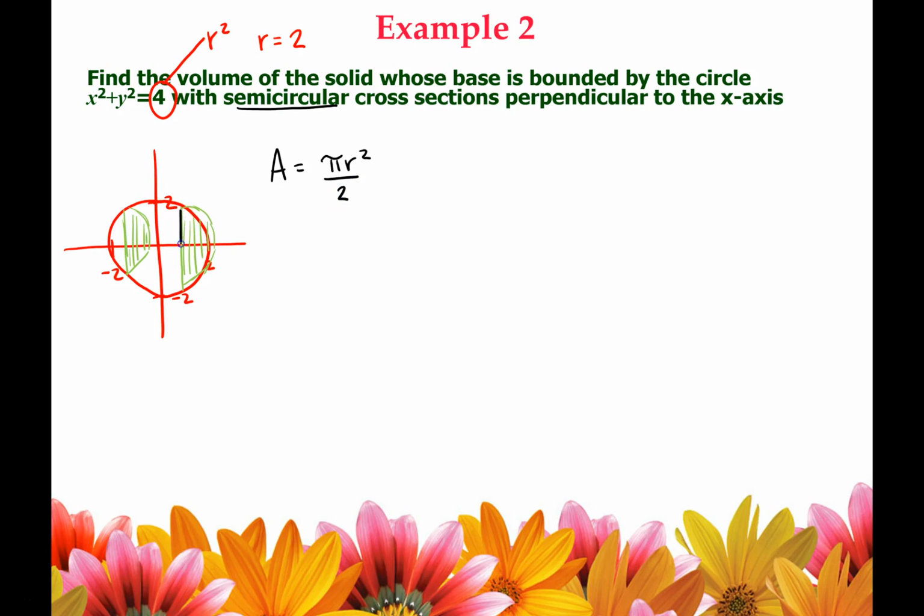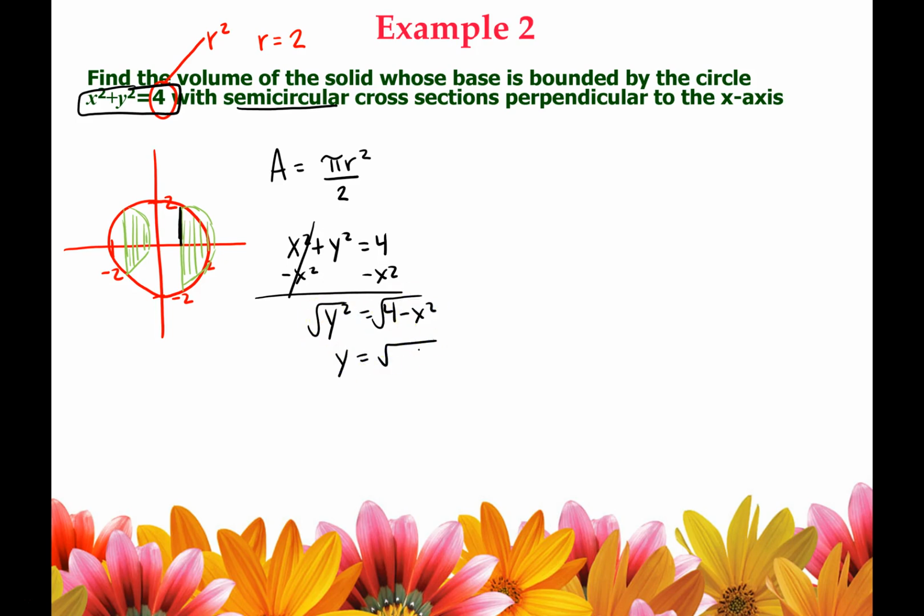So what is this radius going to be? Well, that's a y value, and I can solve for y here. Remember, we have x squared plus y squared equals 4. Subtract the x squared. I'd get y squared equals 4 minus x squared, and then square root that, and I get y equals the square root of 4 minus x squared.